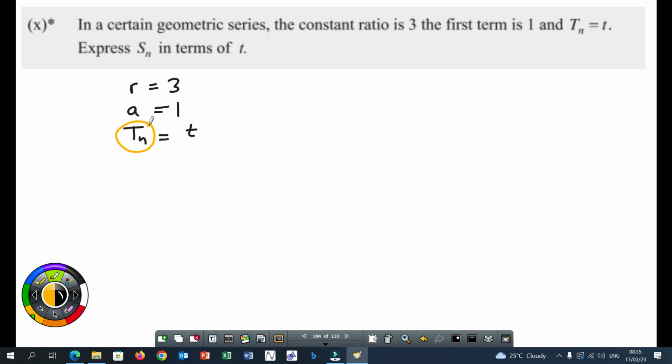So what's the formula for the general term? Tn is equal to A times R to the power of n minus 1. Okay? So what this means is we can substitute that Tn by T.